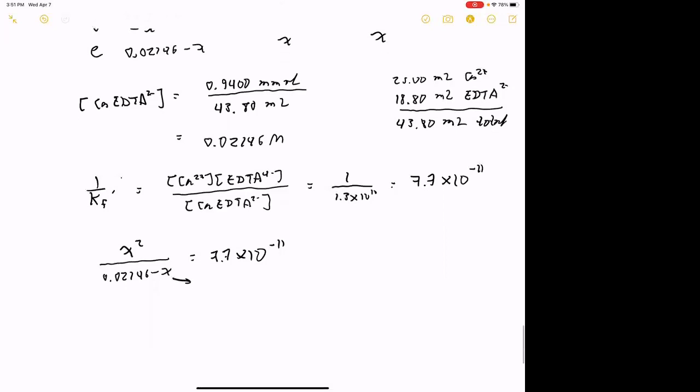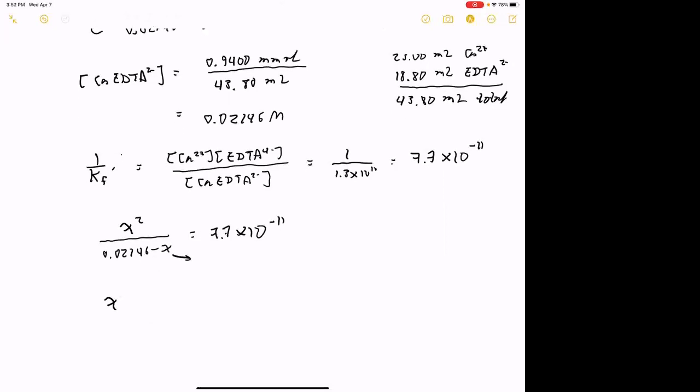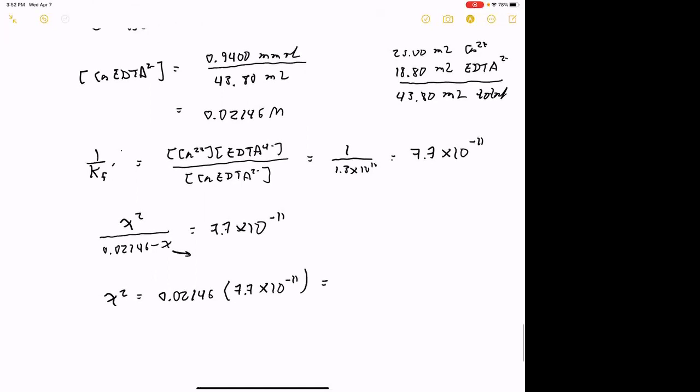Very good. So if I do that, I'm going to end up with X squared equal to 0.02146 times 7.7 times 10 to the minus 11th. And that actually turns out to be 1.65077 by my calculator times 10 to the minus 12th.